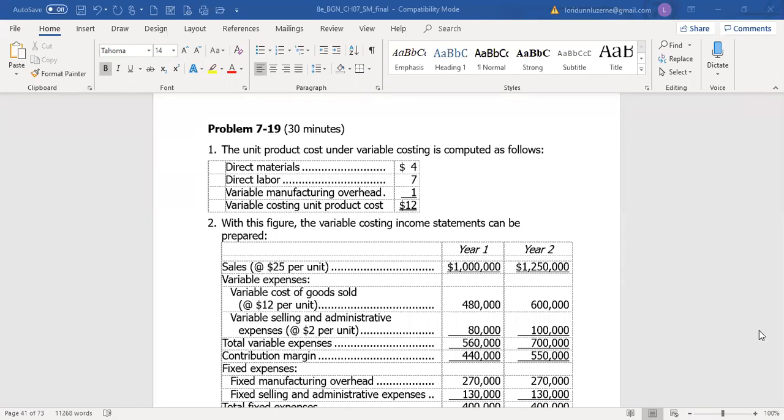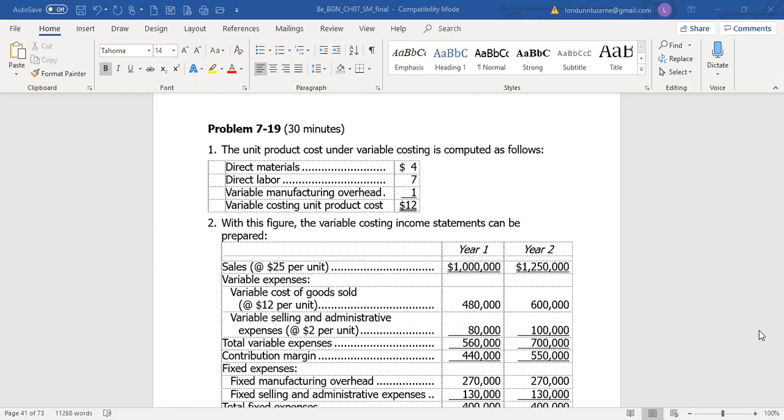That would be your direct labor, your direct materials, because those are variable, and then the variable part of manufacturing overhead. So we wouldn't include the fixed part of manufacturing overhead. So the variable cost per unit would be $12.